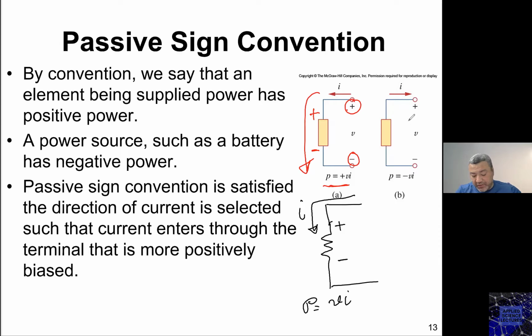However, if I am to look at this, where here is the positive and the negative, and in this case, the current is moving from negative to positive, then the power would be negative. And this is if I am to look here at the battery. So in this case, if this is the battery, and we all know that the battery has the current going in this direction, because the battery is the one that provides this energy and this current.